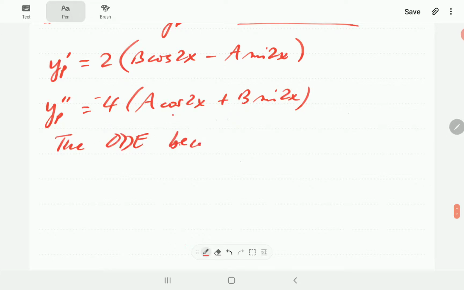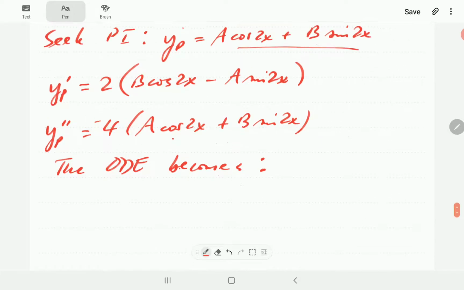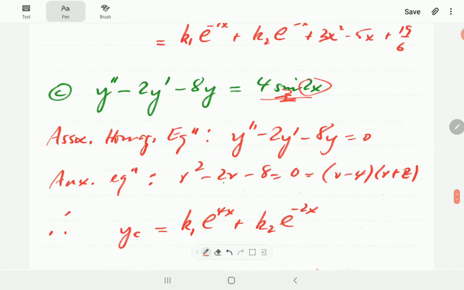So the ODE becomes, on the left hand side, y double prime minus 2y prime minus 8y.